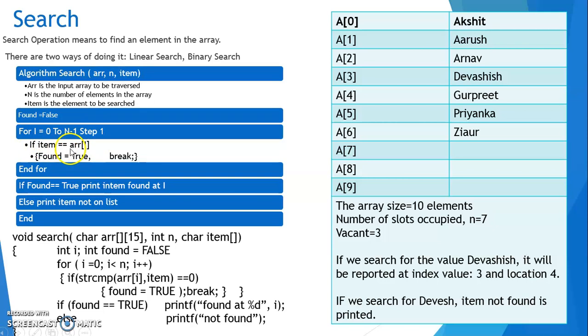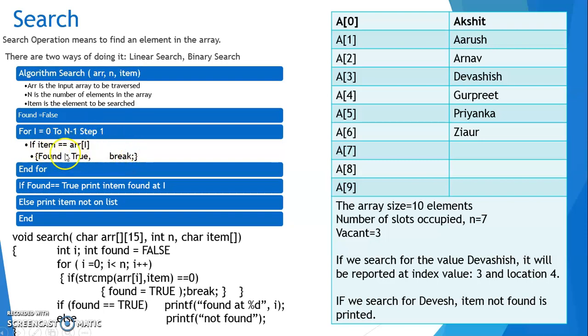Now if item is equal to ARR of I, where I is initially 0, then it will become 1, 2, 3, 4, so it will keep on changing in the loop. So we will match the item with the element present at index 0. If it is the same, we will set found to true and break out of this loop.